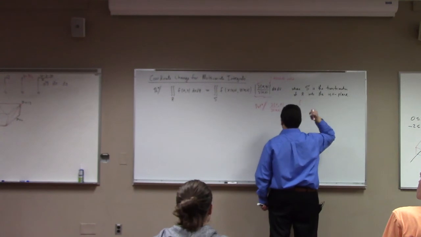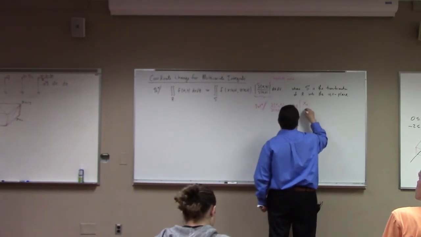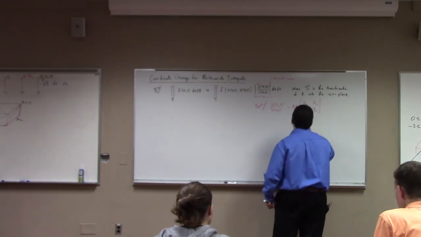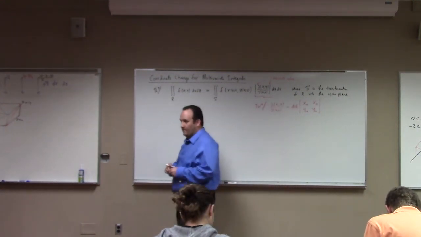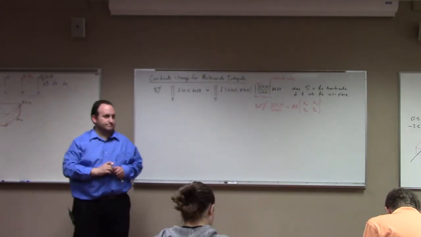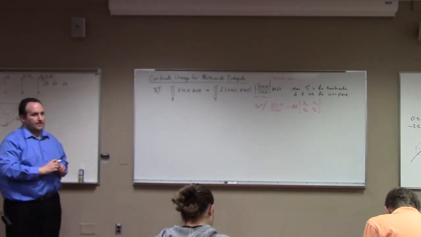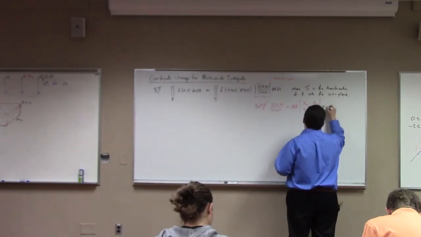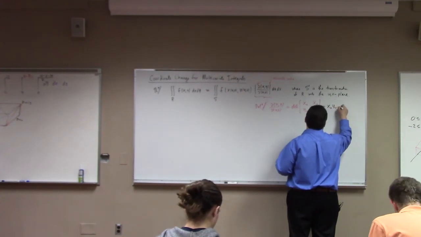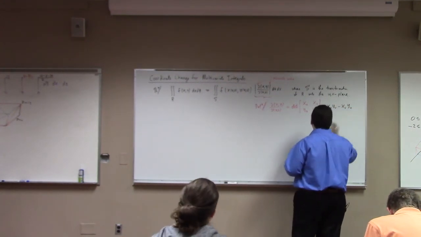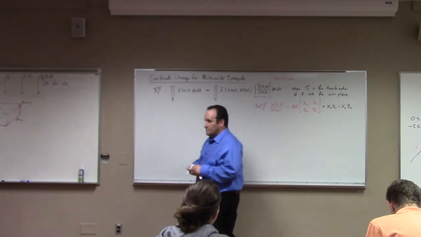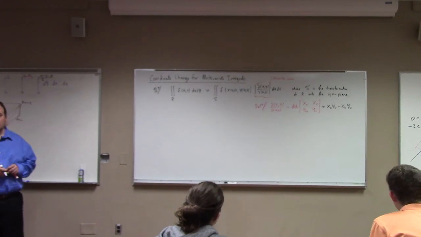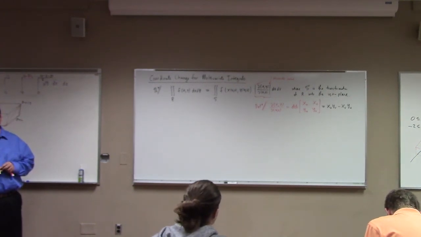The Jacobian matrix is x_u, y_u, x_v, y_v. So specifically, that is x_u y_v minus x_v y_u. This is the change of variables theorem for two variables.